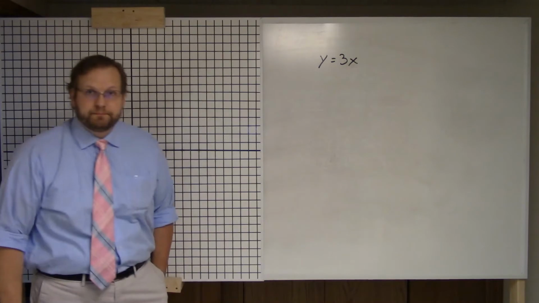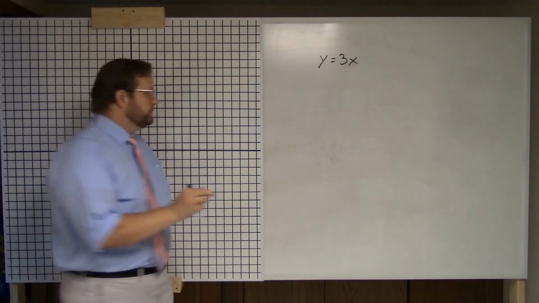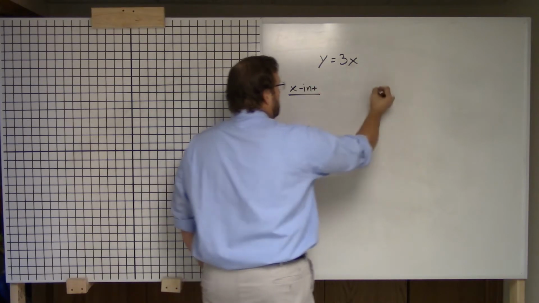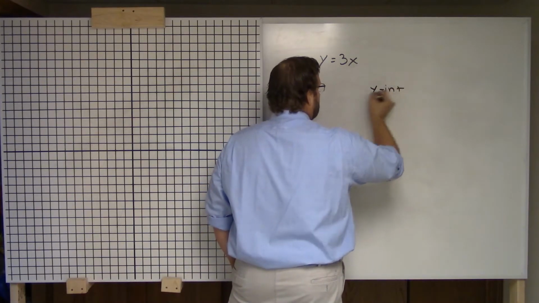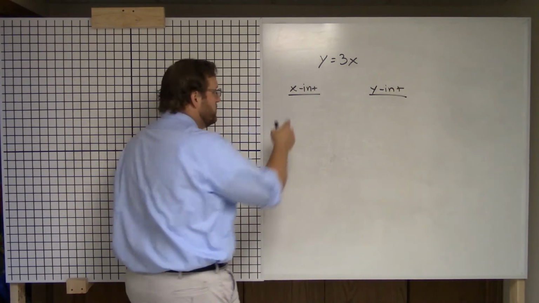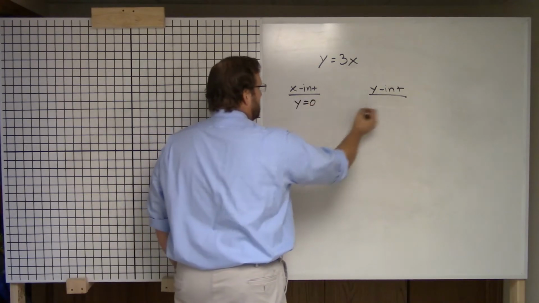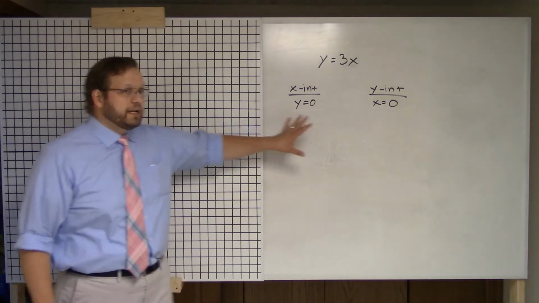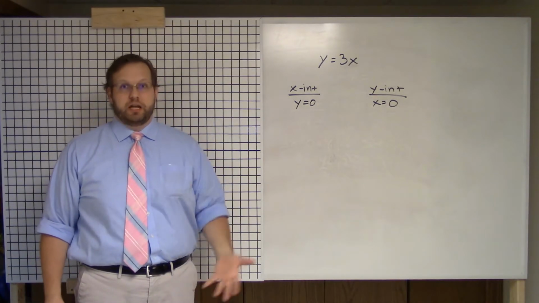Let's say we have that, okay? So, we're looking for intercepts, so we need an x-intercept, a y-intercept, and again, what do we always know? y is 0, x is 0. Again, this layout is not going to change, okay?